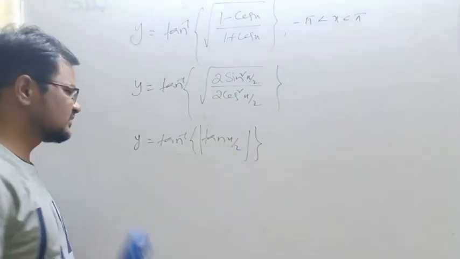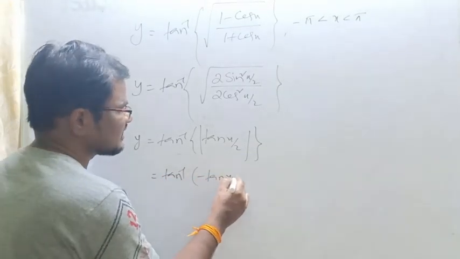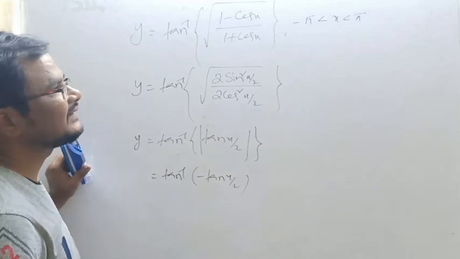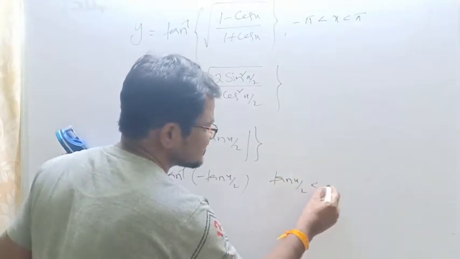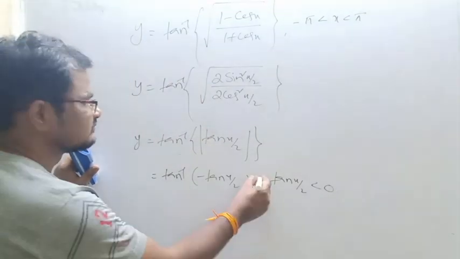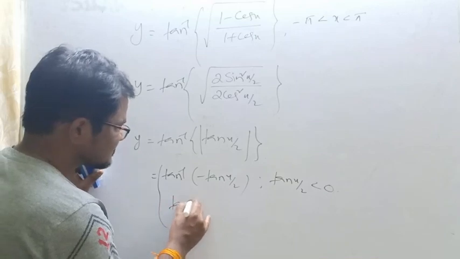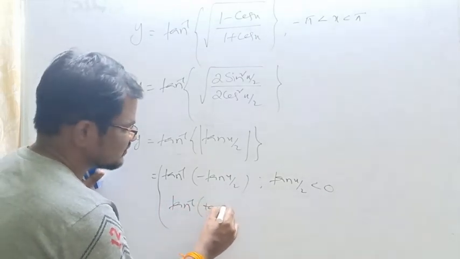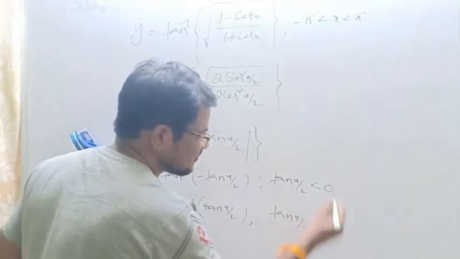So that's why what we have to do, tan inverse of minus tan x by 2 when this tan x by 2 less than 0. Next that is equal to tan inverse of plus tan x by 2 when this tan x by 2 greater than or equal to 0.